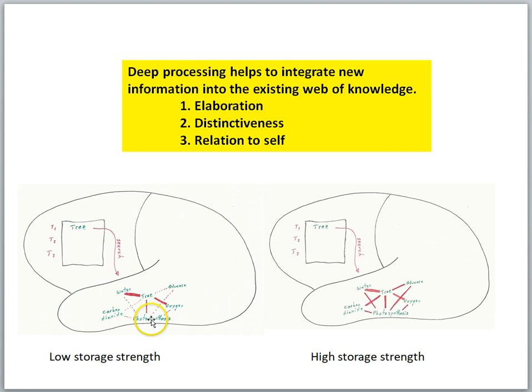So we're going to try to connect up photosynthesis with other concepts we already know. We want to make the new information distinctive. How is it different from something else that we already know? We might want to relate it to the self. How is it relevant to the self? And in all these ways, we can more effectively integrate new information into our already existing web of knowledge. So deep processing techniques help us add new information to our semantic memory.